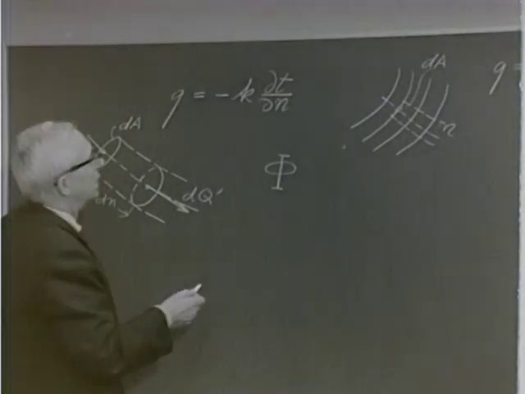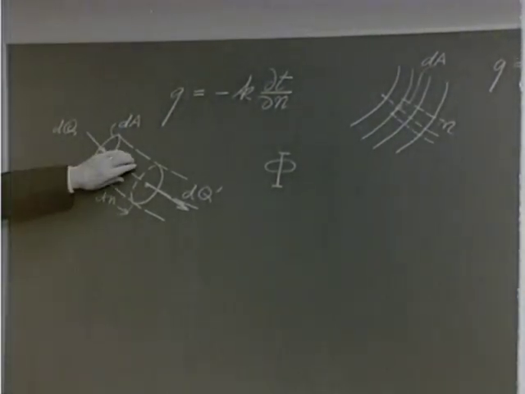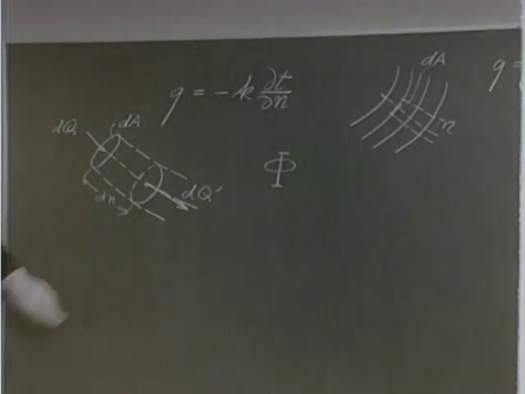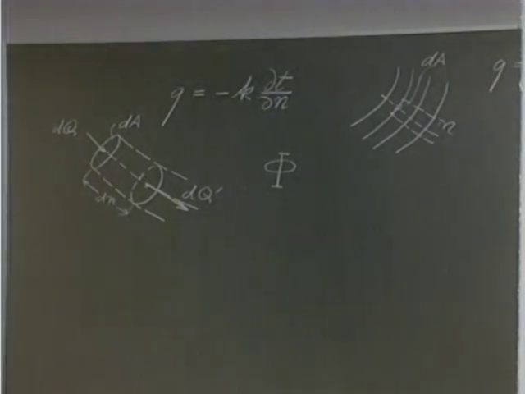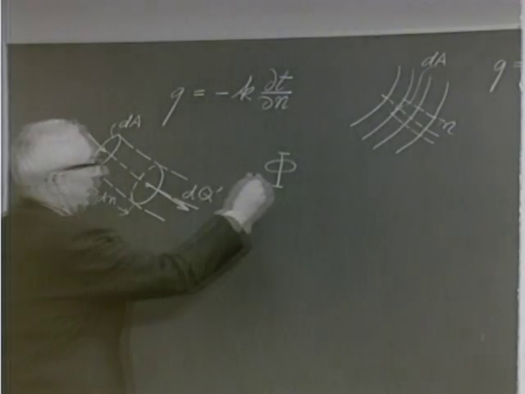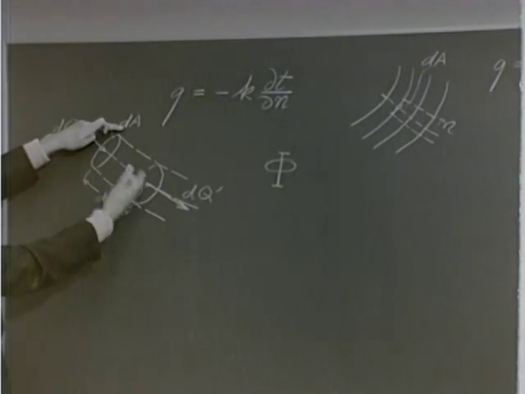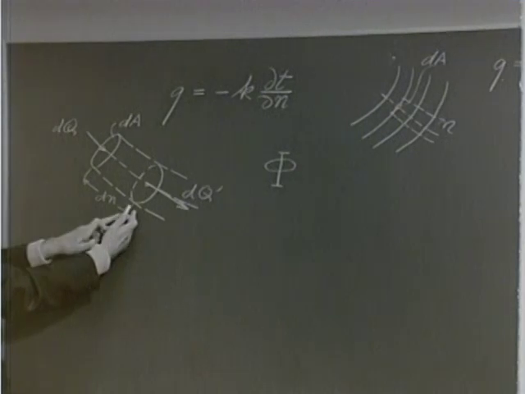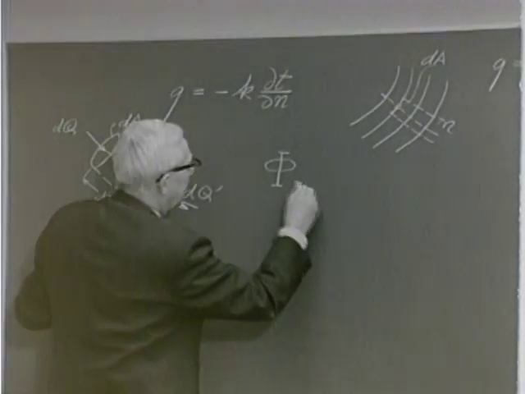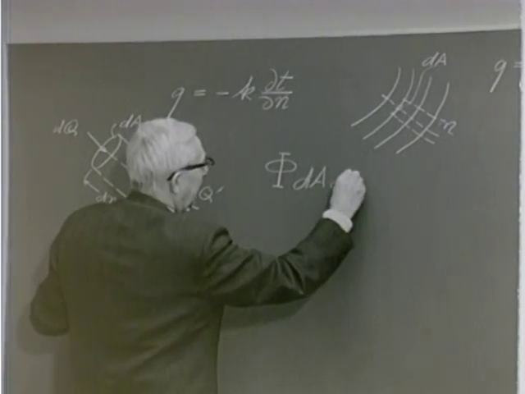Then the heat which is generated within our volume element is equal to phi times the size of our volume element. The size of our volume element is, since it is a cylindrical shape, cross-sectional area times height of the cylinder. That is dA times dN.